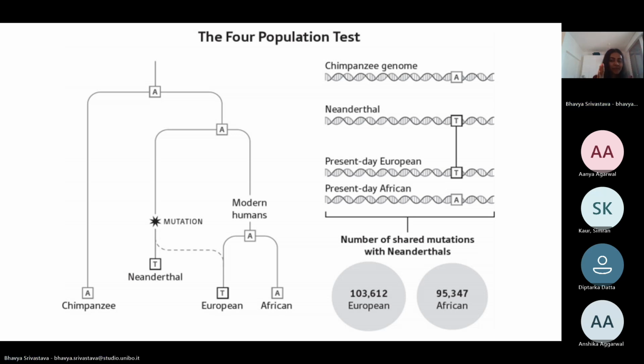Am I clear? Okay, this is not how we are supposed to do the lectures, but since it's just for the research wing, this is where the Neanderthal admixture was discussed.